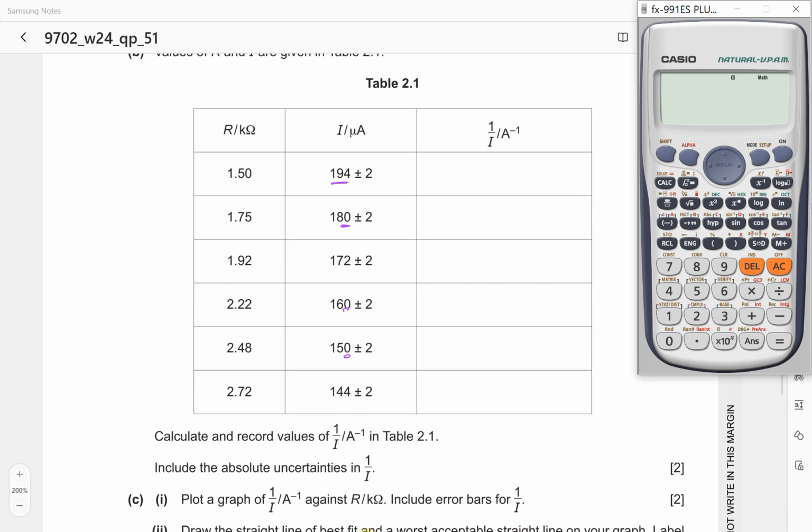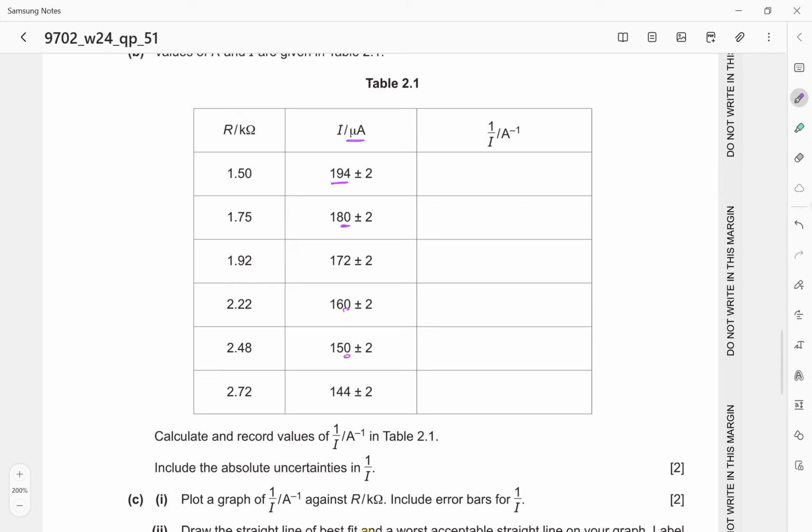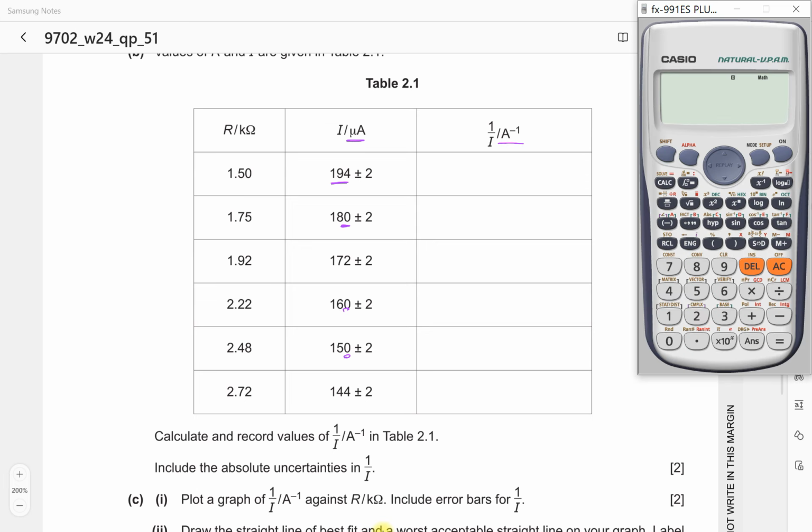So I'll just substitute the values. Now note that the units here are microamperes and this is per ampere, so I have to be very careful with that. I'll say 1 divided by 194 exponent minus 6. So that is 5154.